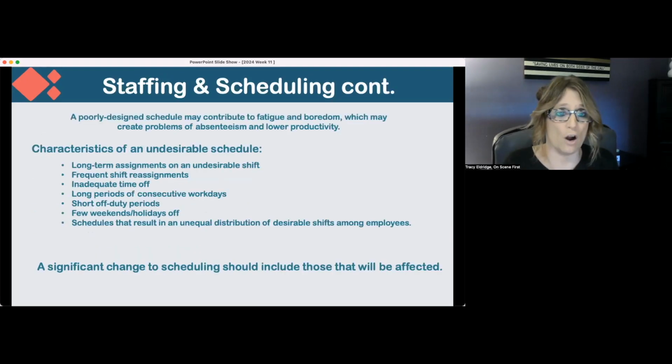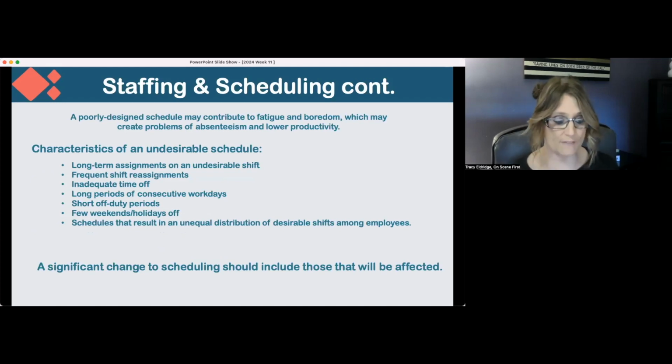And here are just a couple of the characteristics that a poorly designed schedule can lead to. When the schedule is not designed properly, it can lead to long-term assignments on an undesirable shift.